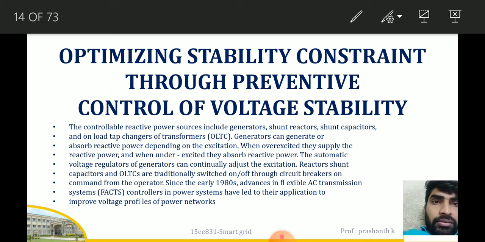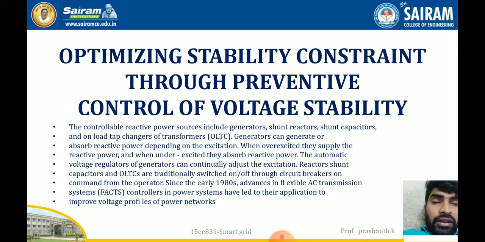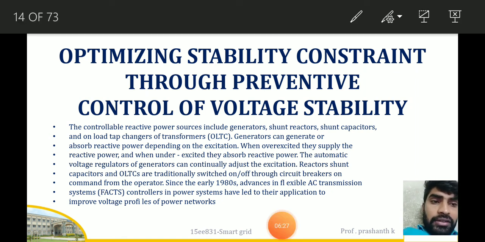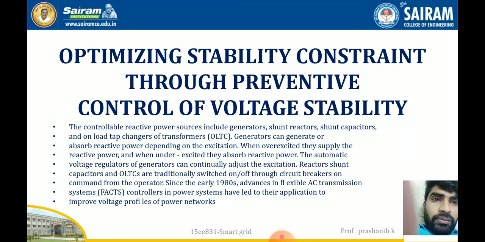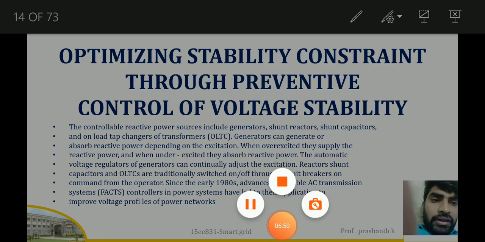So those are also controlling techniques for the stability constraint through the preventive control of the voltage stability analysis techniques. So in this optimizing stability, the name itself indicates the losses must be less, and the power supply system should increase in the normal way. So that's the concept in this controlling of voltage stability, right?